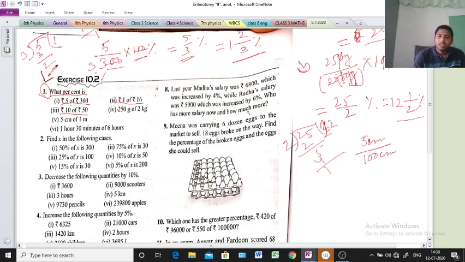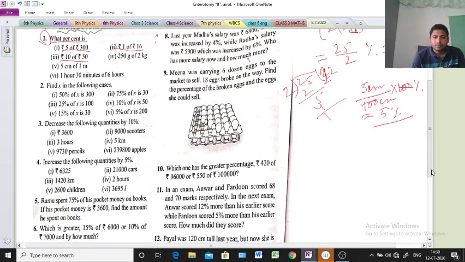So instead of 1 meter we will write 100 centimeter. Into 100 is for percentage. So now 100 and 100 will be cancelled. Only 5% will come. So 5 is finished.